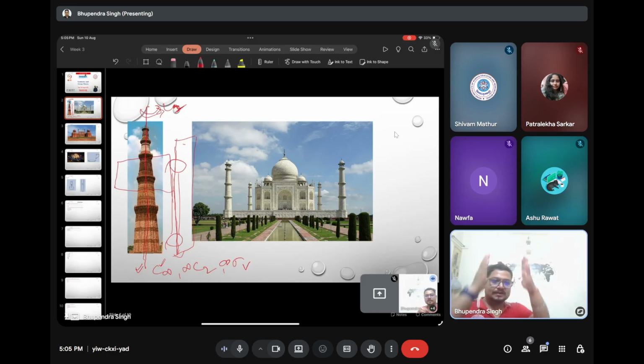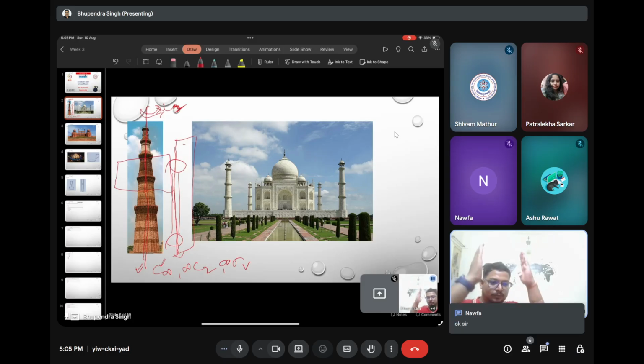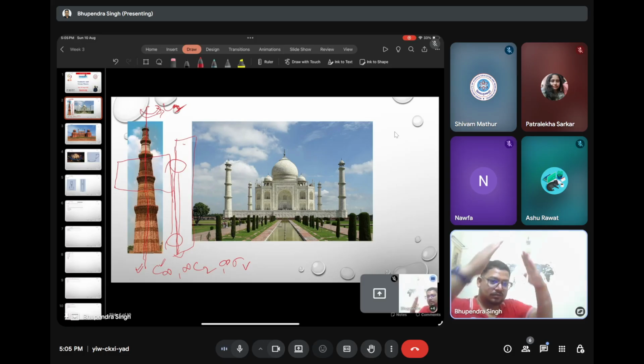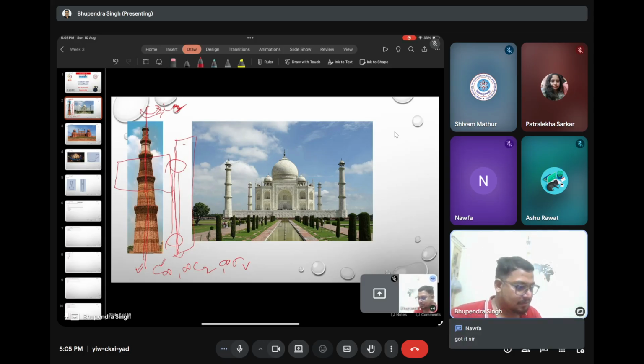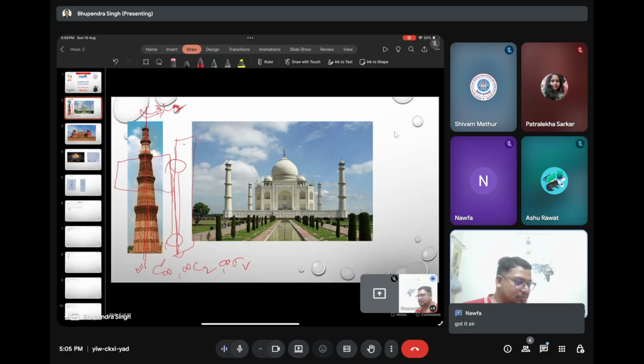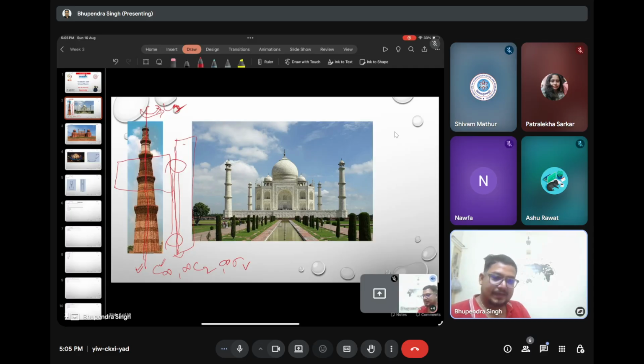It is not like a cube or a cylinder; it is going a little bit like this, a conical shape. Got it, sir. So there is no sigma h present.